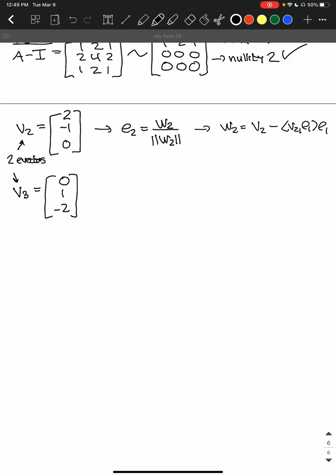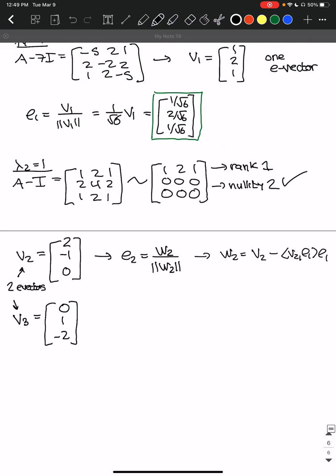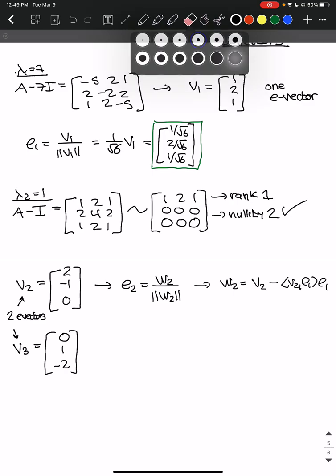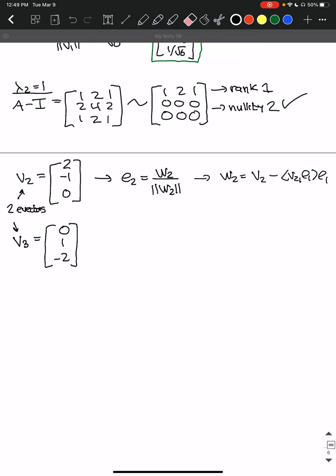Sorry, we actually don't have to do this. I'm losing my mind a bit. I apologize. We already know that eigenvectors corresponding to different eigenvalues are going to be linearly independent. So we actually start the Gram-Schmidt procedure over from here. We say E2 is equal to V2 over the norm of V2.